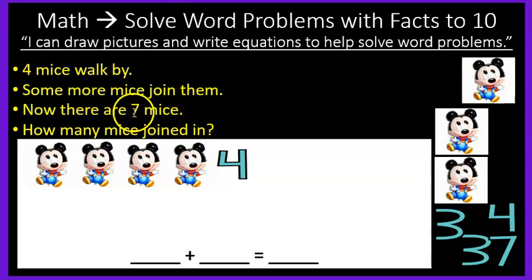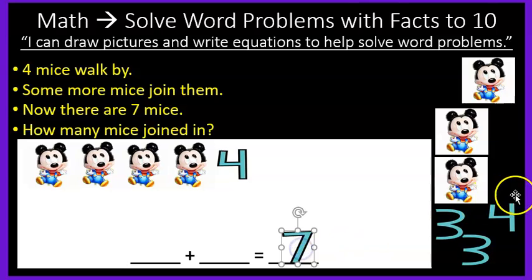So boys and girls, how many altogether are there that we have of mice? What number is this? 7. So boys and girls, this is the total, okay? So watch, I'm going to put 7 here. Remember, that's the total there, 7.